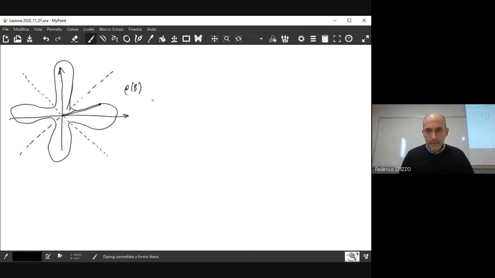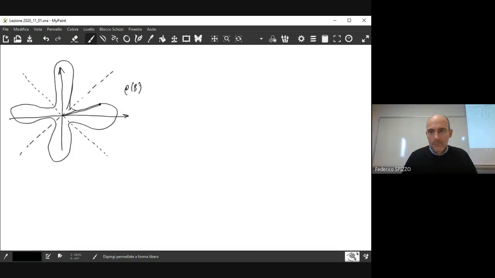So even if this is just a rough method to have an indication concerning the energy band structure of the system, just measuring the resistivity for different values of the orientations of the electric field can give us an indication of the presence of open orbits. Because if we observe open orbits, we expect that along the open orbits, the resistivity will decrease. So we expect to find diagrams like this one here.